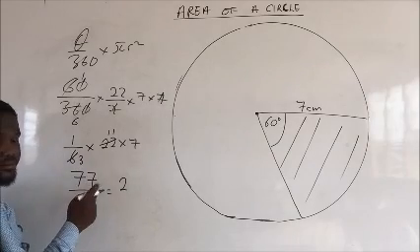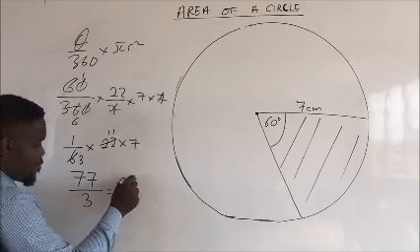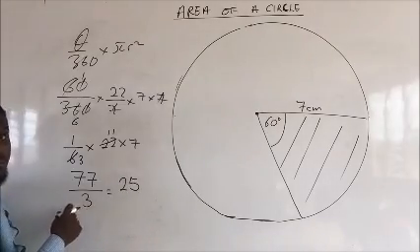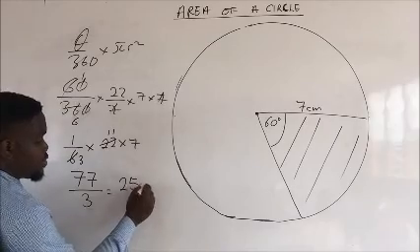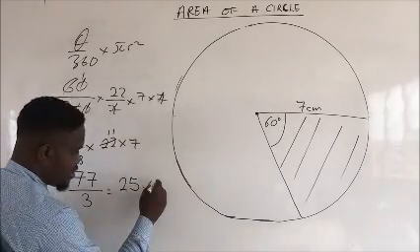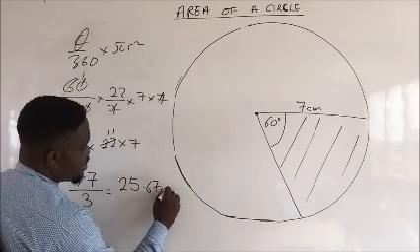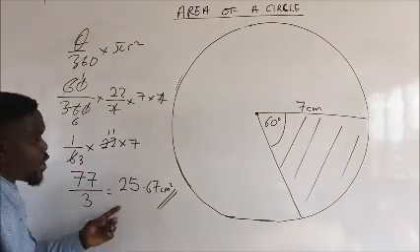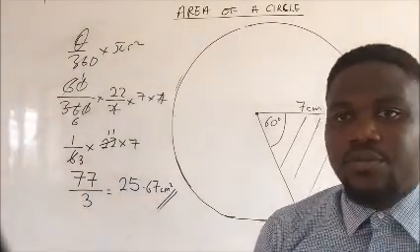Remember 1. Good. 3 goes into 17, 5. Remember 2. 3 goes into 2. It can be 0.66666. So make it 67 centimeters squared. It is squared because we are talking about parts of an area.